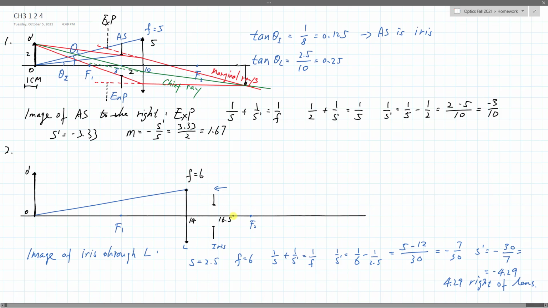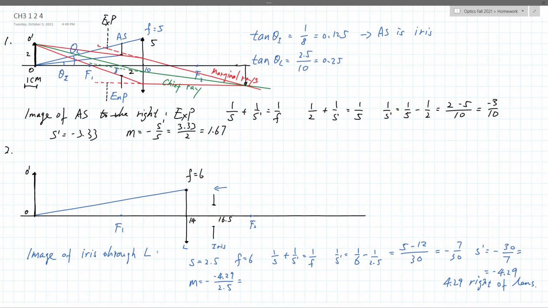And we also need the magnification, which is negative s prime over s, so negative 4.29 over the object 2.5. That's a positive quantity. Let's calculate that over 2.5: 1.71.